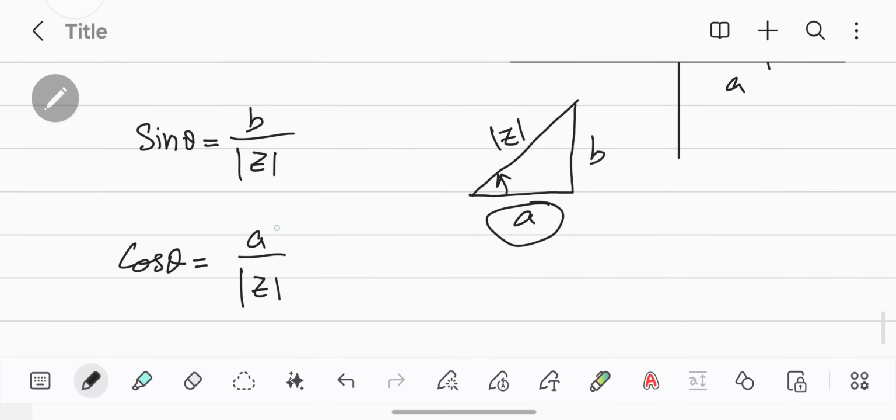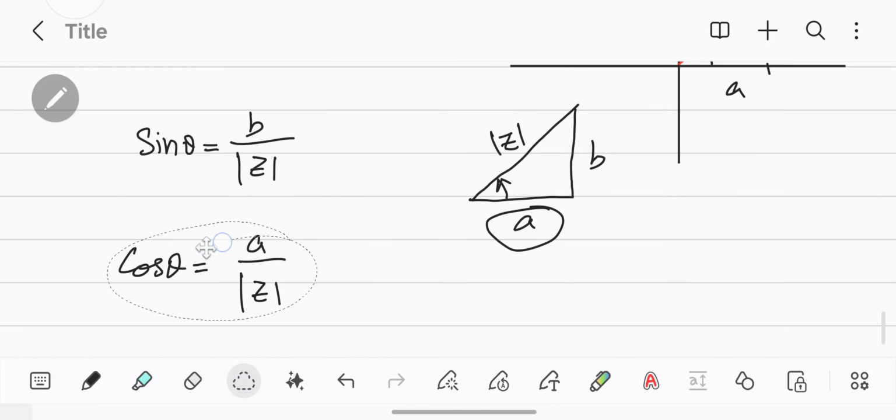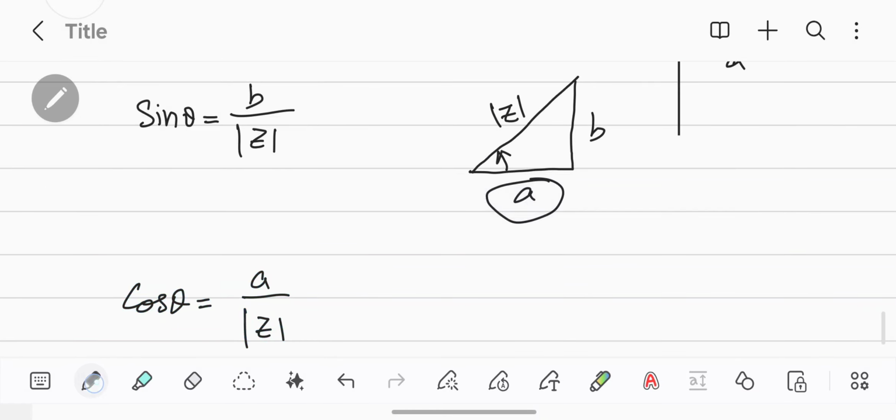So if I separate A and B from here, they can be found in this way.